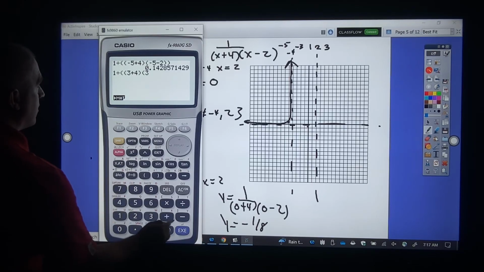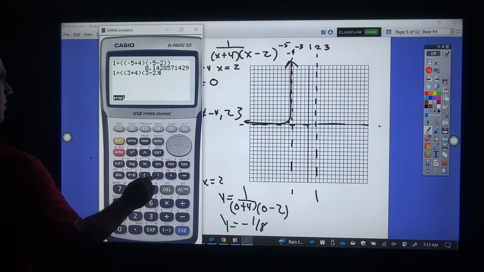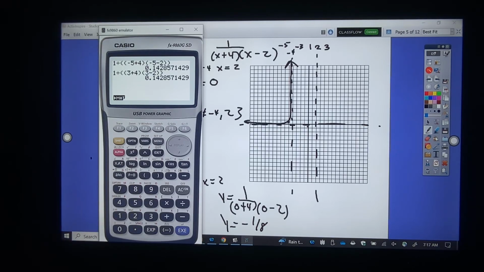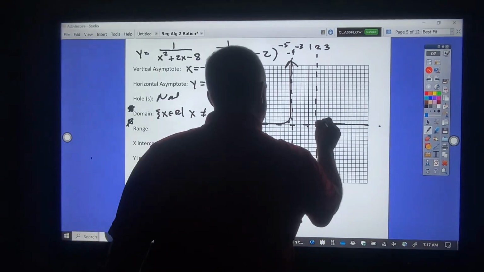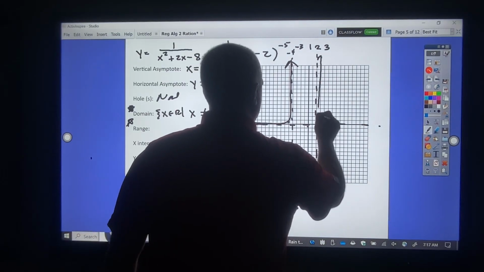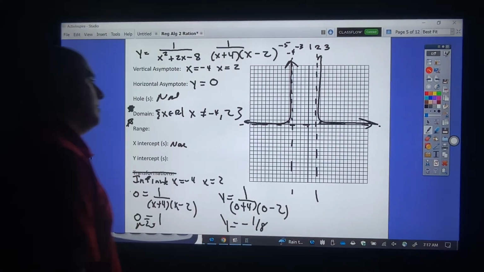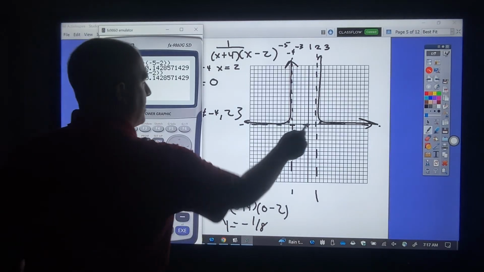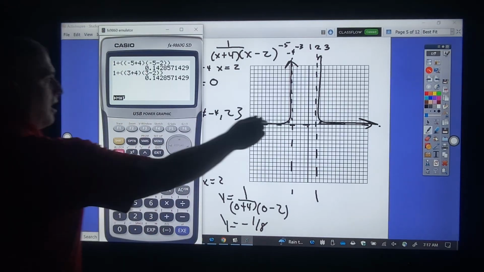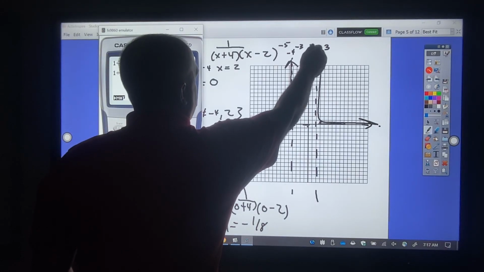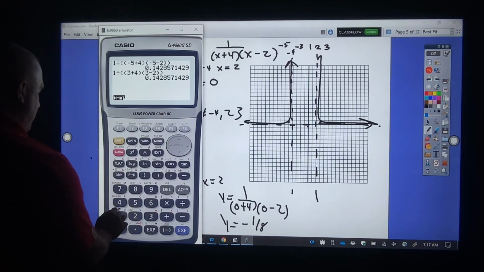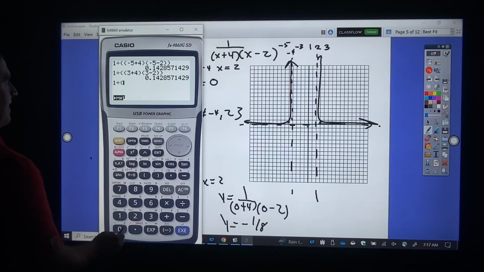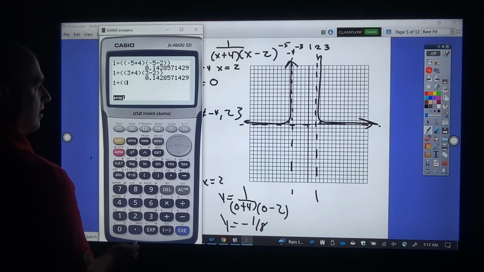I also get that positive, so that's going to be here. Okay, all right. And then I want to see where these go. So I'm going to put 1 on each side. So I got 1 and I got -3. So I'm just going to just put some values in here.